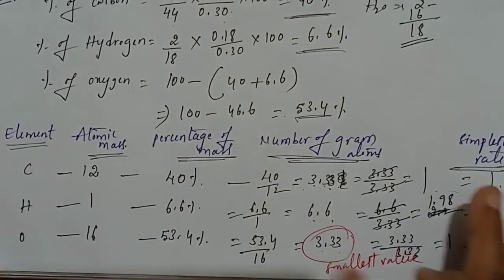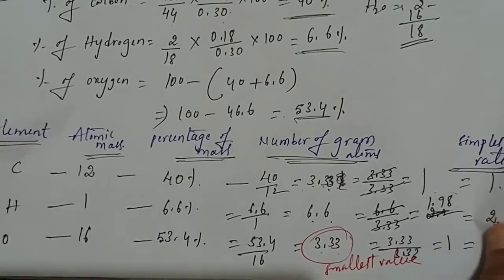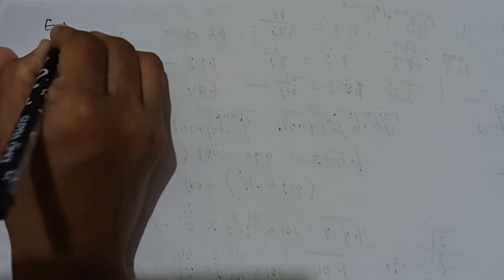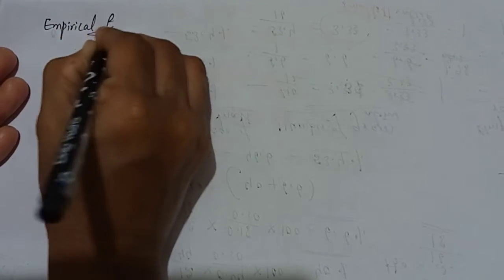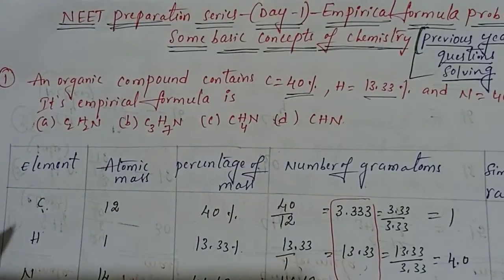That means carbon is 1, hydrogen 2, oxygen is how much, students? 1. Now see here, what is the empirical formula? So we have to write the empirical formula first. What elements are given, students?